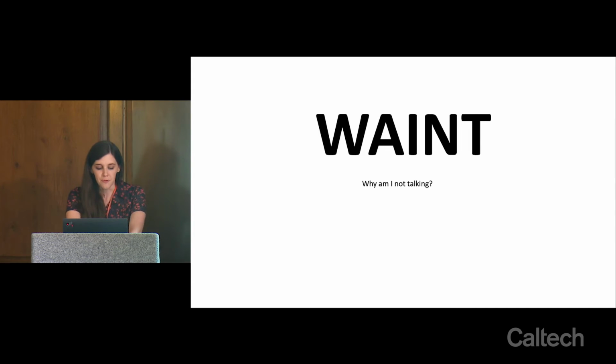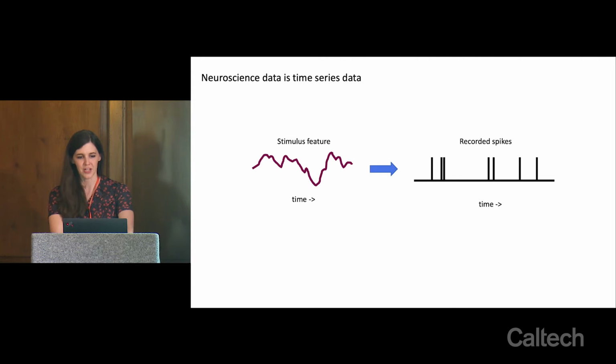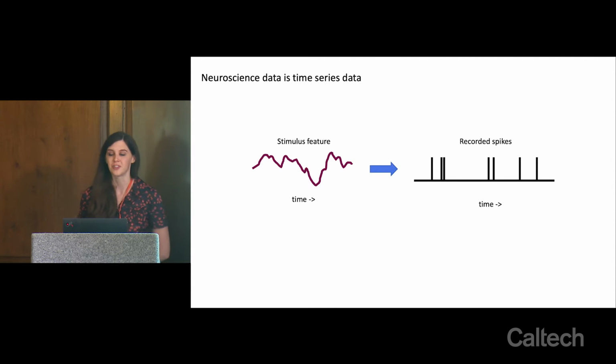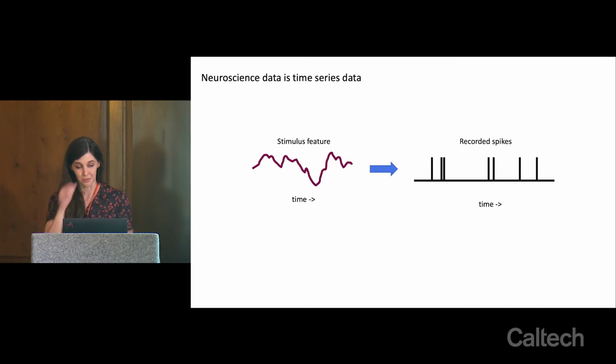So the theme for today is dynamical time series. And the reason that I wanted to start out with time series analysis is because basically everything in neuroscience is about time series. You always have an animal that's running around and interacting with the world, and you always have to make sense of what the brain is doing over time in terms of what the animal is doing over time.